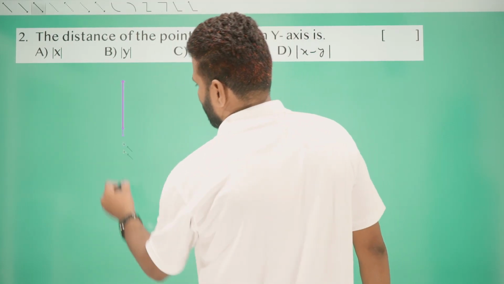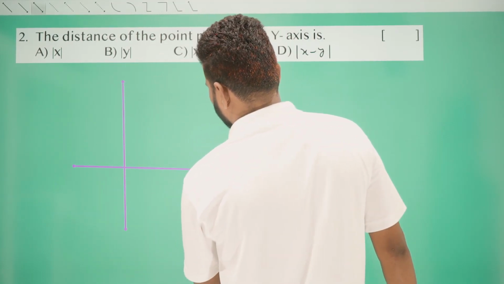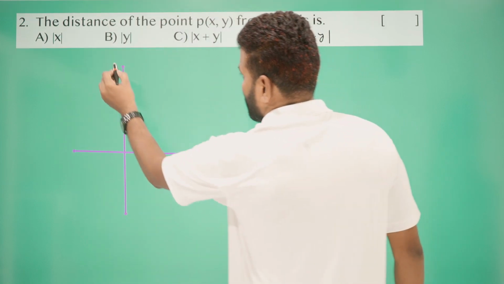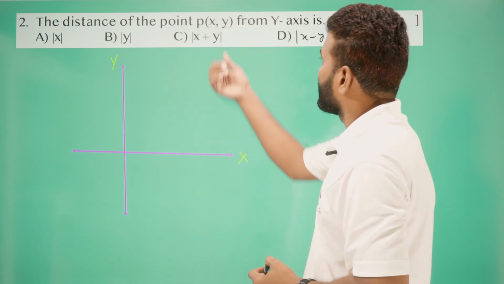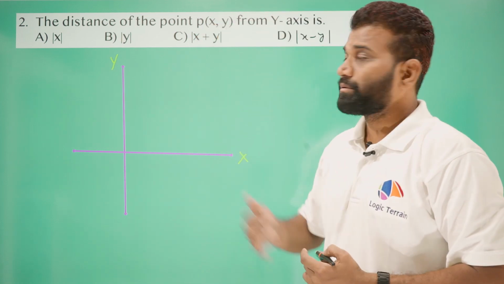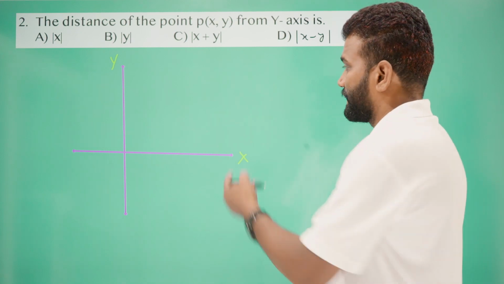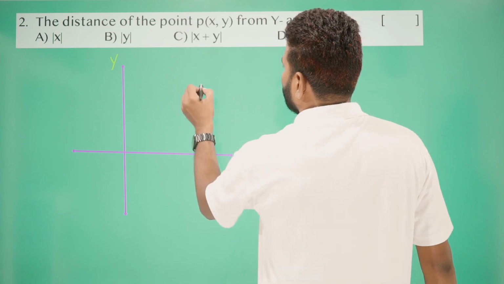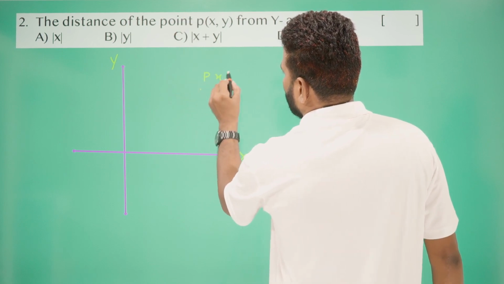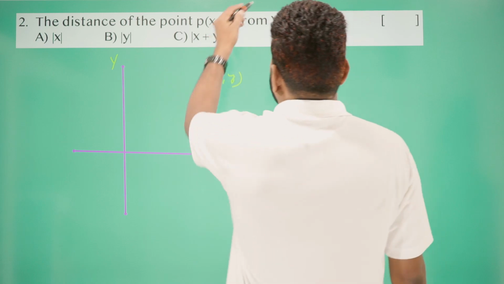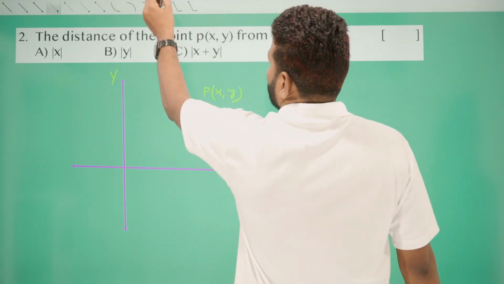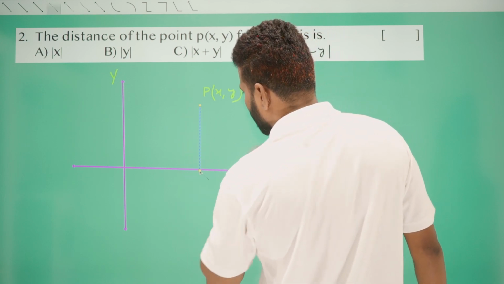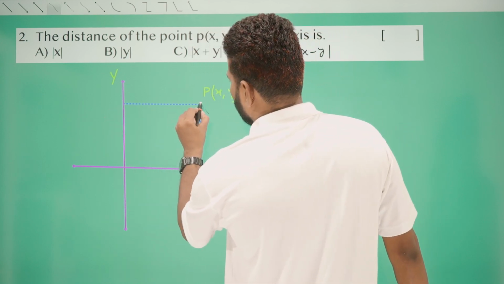So I'll take coordinate axis. Let us say this is x axis, y axis, and the point P x comma y. Both coordinates are positive, so it will lie on first quadrant. So let us say P is here, P x comma y is here. Now from here this distance, from here this distance.